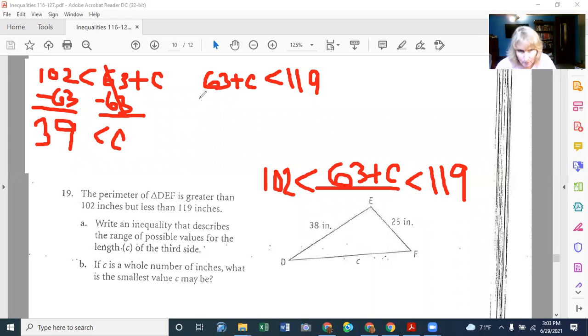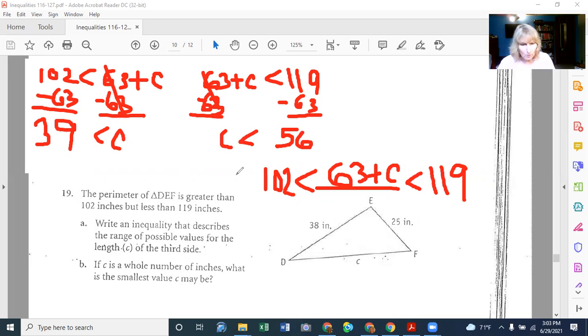And on this side, I'm going to subtract 63 again, but this time from 119. Those cross off. I'm left with C is less than 56.